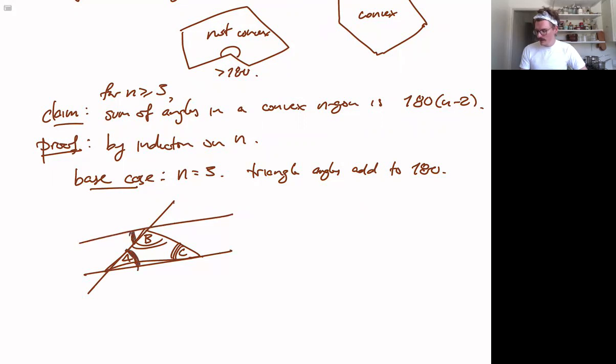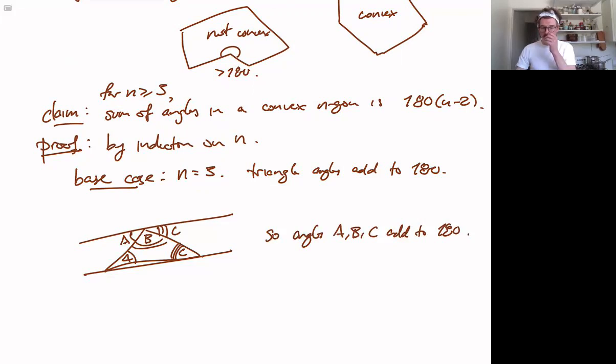So these 2 angles are equal, which is to say that this angle is A. And for the same reason, this angle is C. This shows that the 3 angles A, B, and C put together add up to exactly 1/2 turn, which is 180 degrees. So that's the base case.